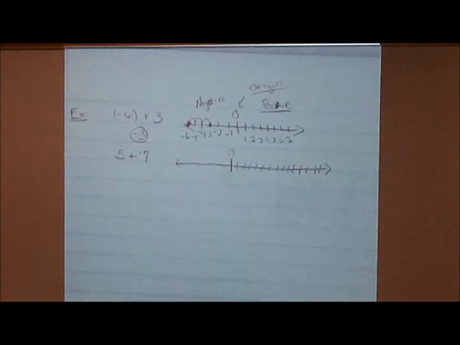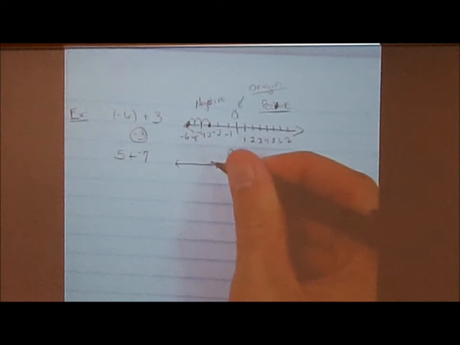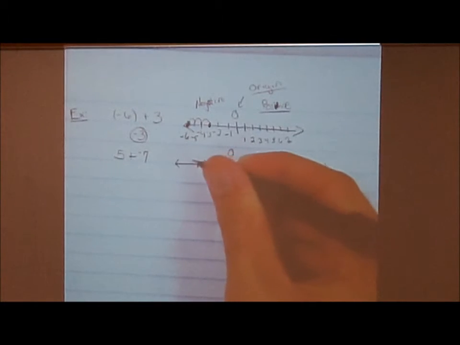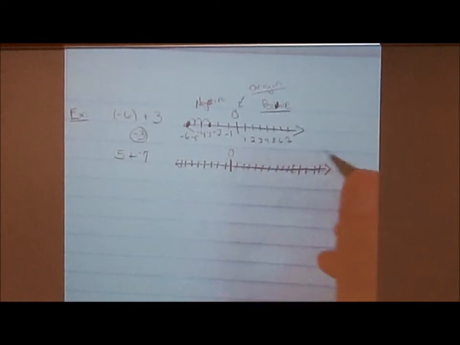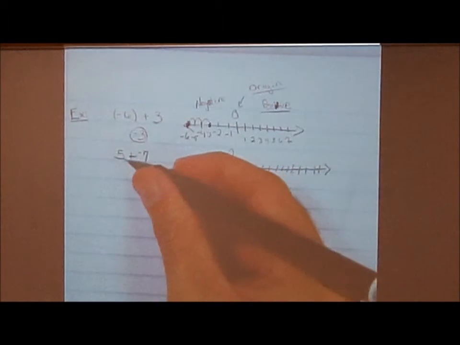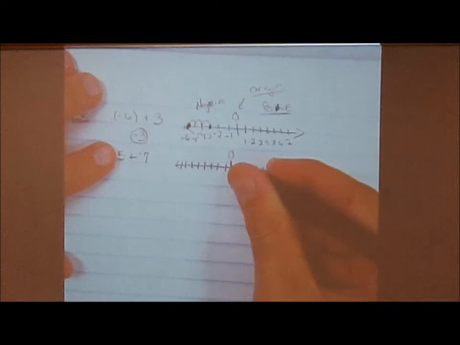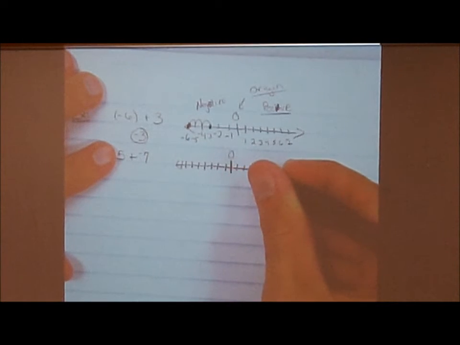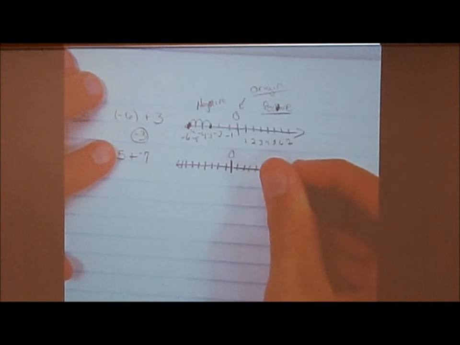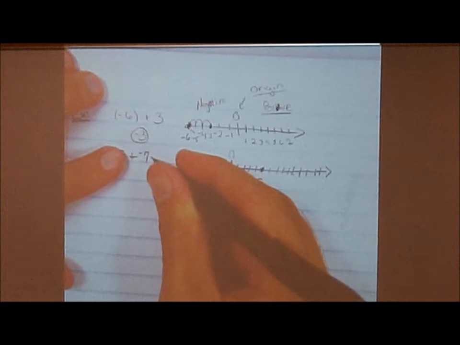So there, and then I go this direction. I start with the first number, which is 5. 1, 2, 3, 4, 5. This is number 5, okay? And I add 7.